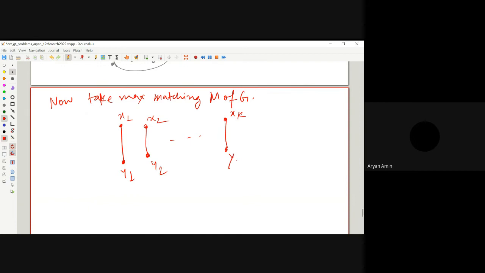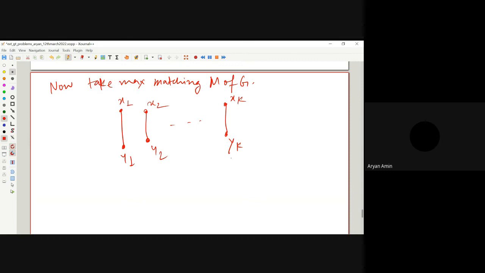Actually, the maximal matching can be of size less than k, but for our purposes we can just assume it is of size k because you are adding more edges, so you cannot do harm. Now we'll discuss some properties about the structure of the maximal matching.